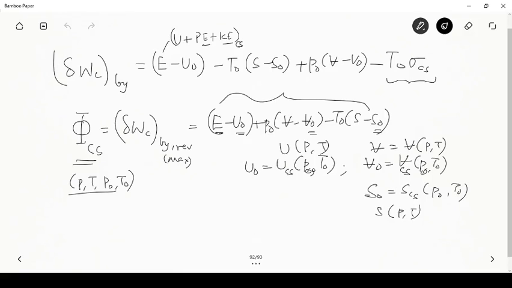Right. So E minus U naught, which is the amount of energy that was contained in the system, which is the internal energy, the potential energy, and the kinetic energy. Let's say that we converted this entire kinetic energy and potential energy into work, because they are 100% convertible into work, and this U minus U naught also got converted into work with a discount of T0 into S minus S naught, which is the part the second law does not permit you to convert from heat into work 100%.